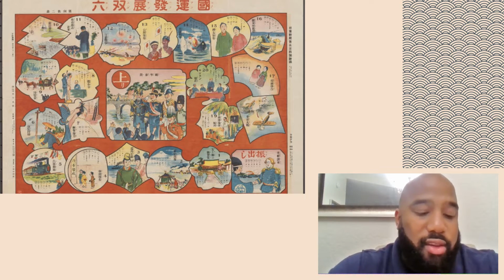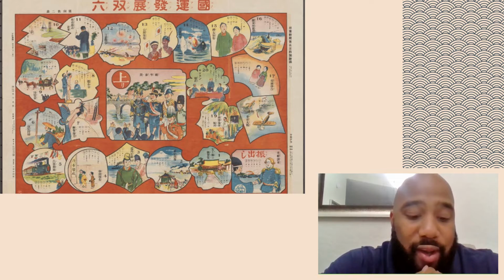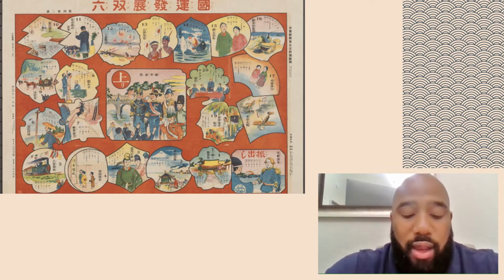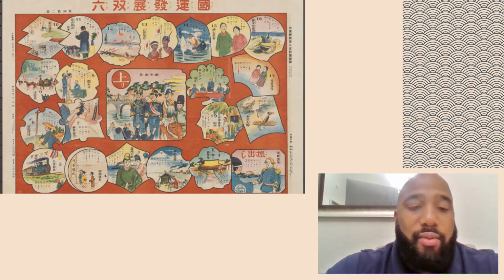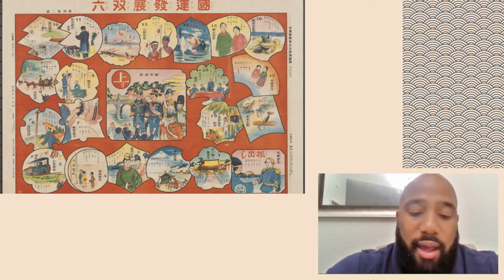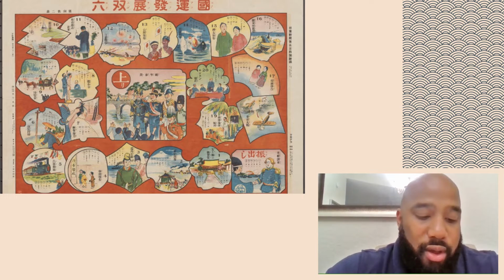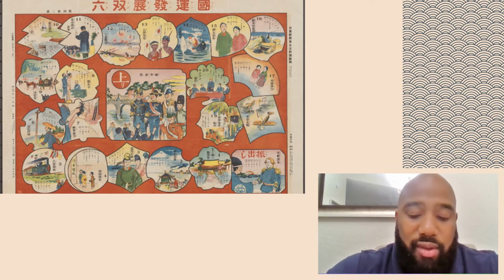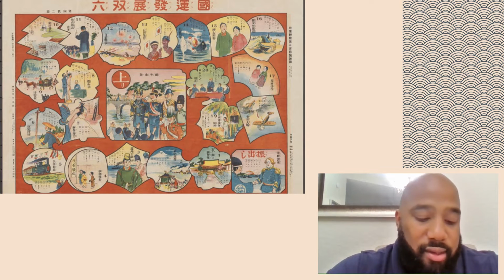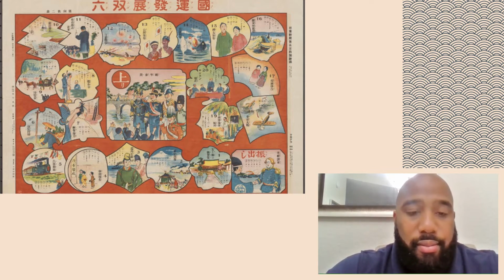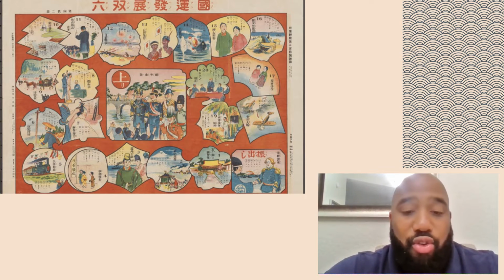The colors on this specific board game were very subtle. It had a really Asian or Japanese culture type of vibe going on with the colors. They had a picture there which looked like it was the Imperial Palace. It also started to progress to where they brought in trains.